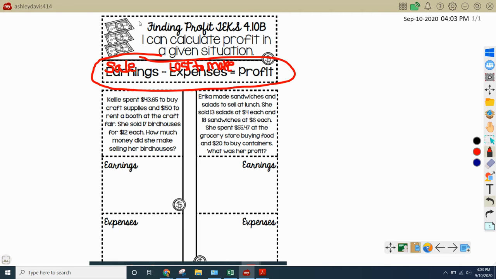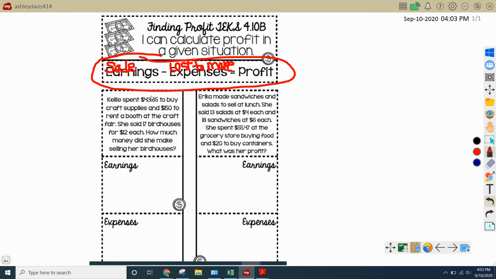Again, your sell price is your earnings, your cost to make is your expenses, and subtracting those two numbers equals your profit. One big thing to remember is that the sell price of an item should always be more than the cost to make it. Otherwise, you won't be making any money.